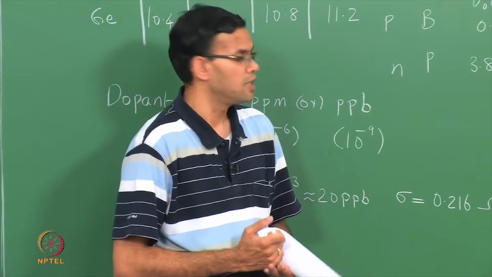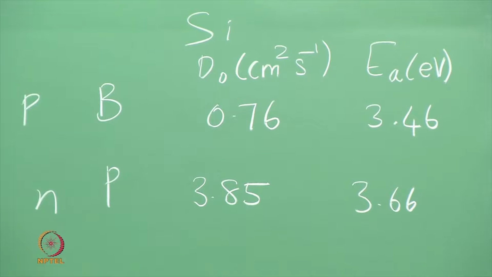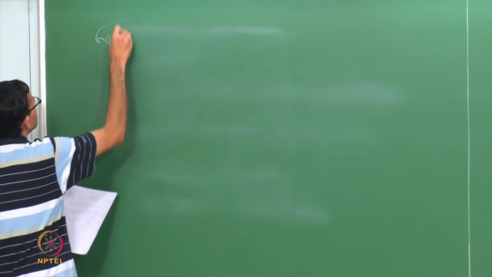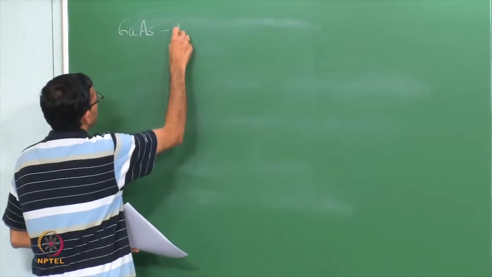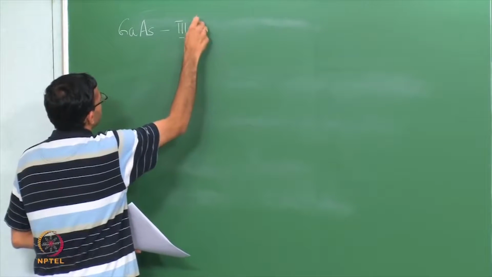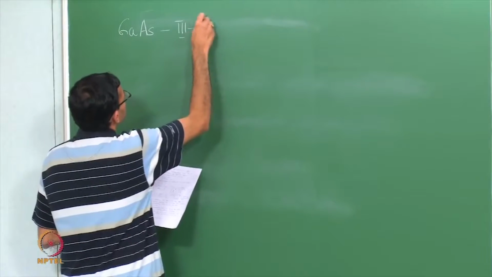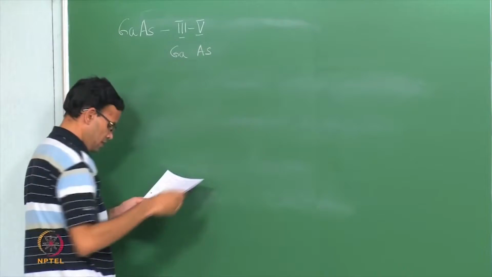So, let us look first at gallium arsenide. We saw earlier that gallium arsenide is an example of a 3-5 compound semiconductor. So, gallium is from group 3, arsenic is from group 5.